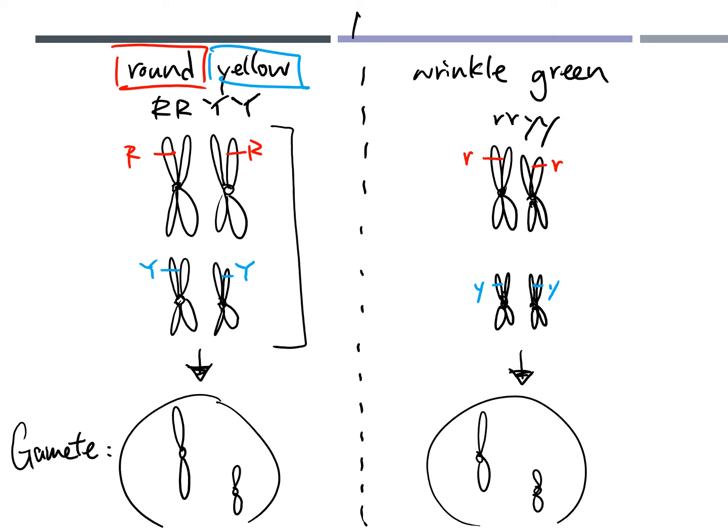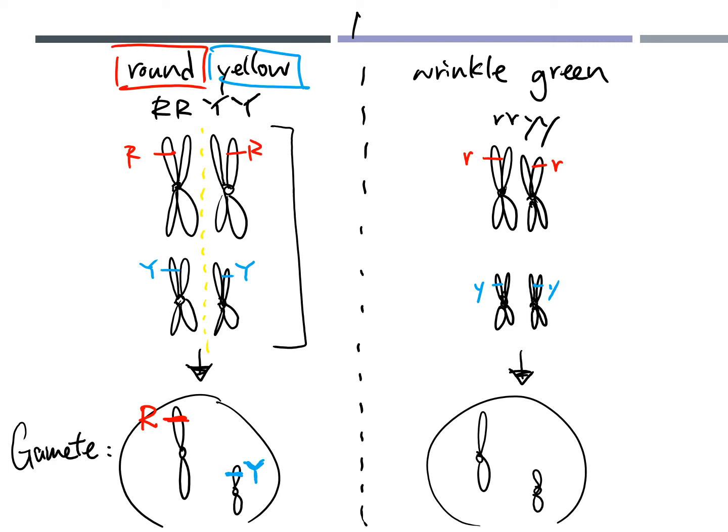During meiotic cell division, the chromosomes separate to the left and right into two cells. At the very end, in the gamete you will only see one big R round allele on one chromosome, and another smaller chromosome with a big Y yellow allele.